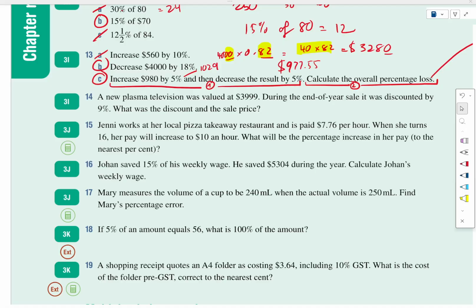Try again. Oh wait, I did it wrong. Yeah, tiny mistake. $3,639 and 9 cents. Yep, that's better. Now question 50.